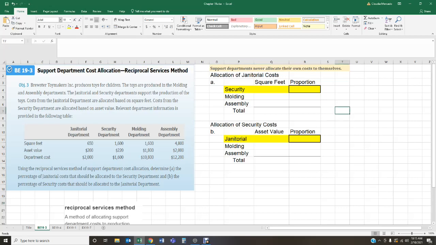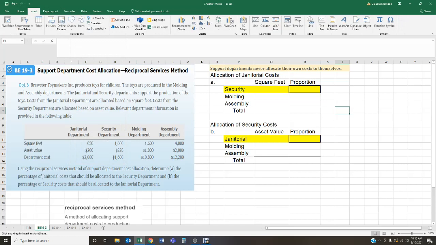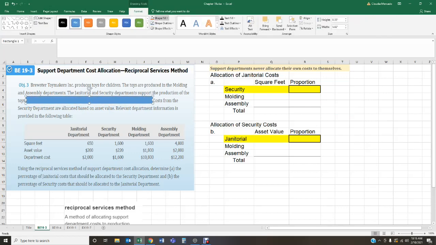Now, if we go back, it says here, right here, let me go ahead and mark it. The security department are allocated costs from the janitorial and security department that support the production of the cost. Costs from the janitorial department are allocated based on square feet, okay?